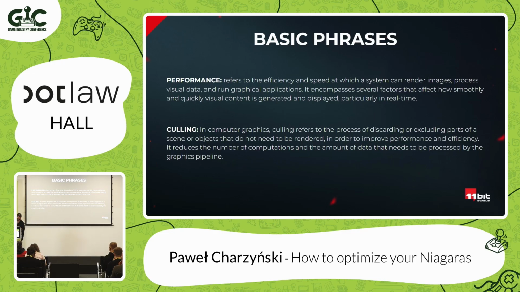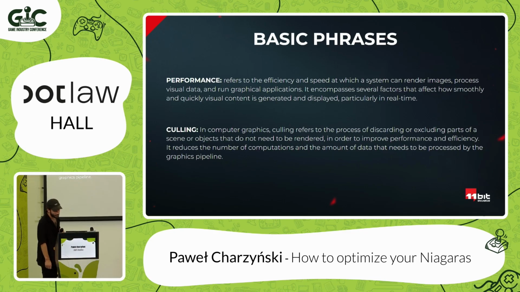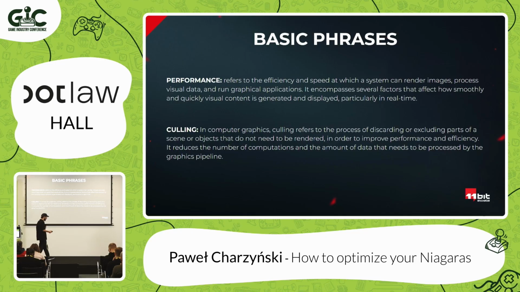We have view frustum culling, so when the camera doesn't see some object, we just don't render it. We have occlusion culling. In this method, objects that are completely occluded are just not rendered. So we basically want to only render the things that we see in the camera.